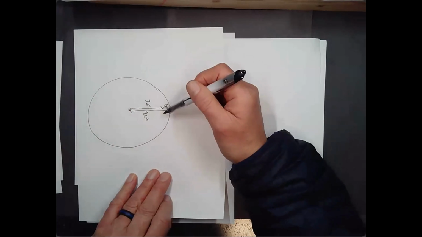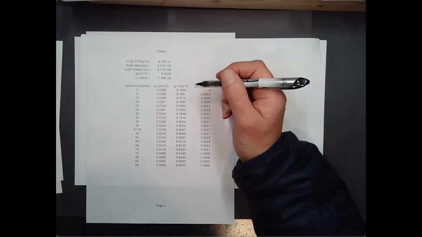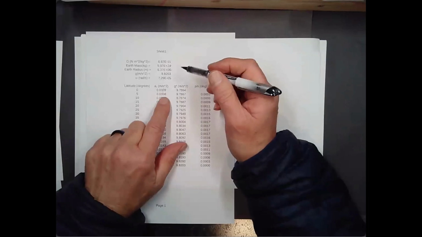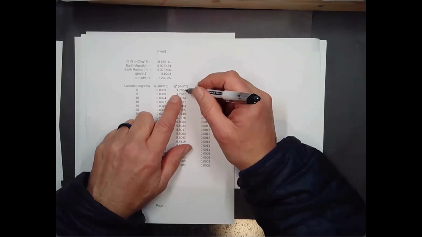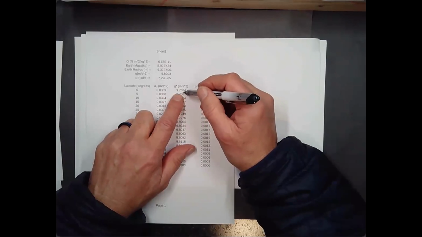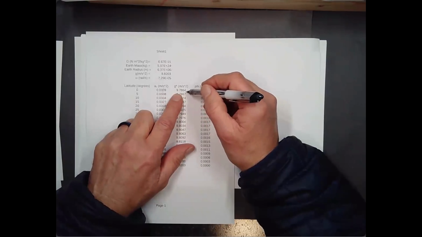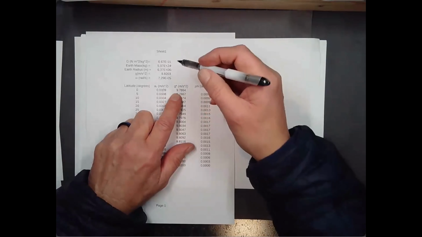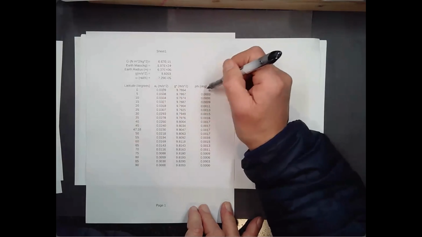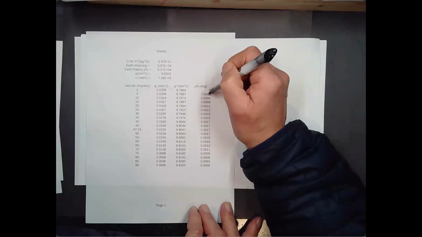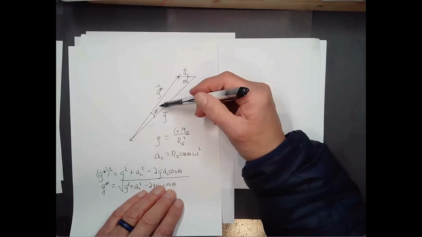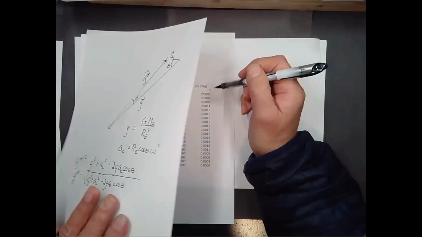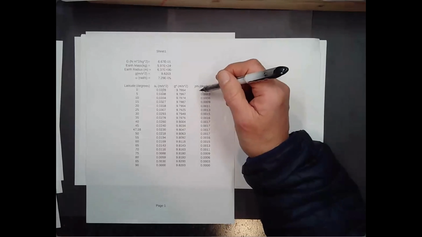So exactly opposite for somebody on the equator. And what we get is basically 9.79 meters per second squared at the equator. And there's no angle between the G star and the G at the equator, so they're pointing in the same direction, so you don't have to do that.